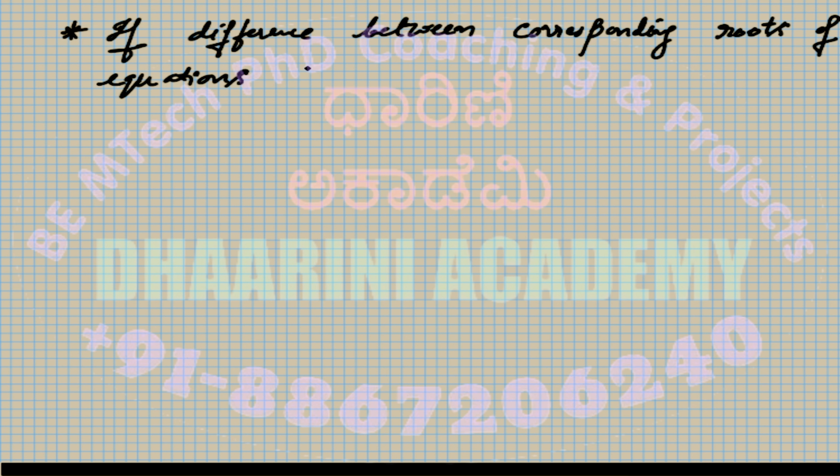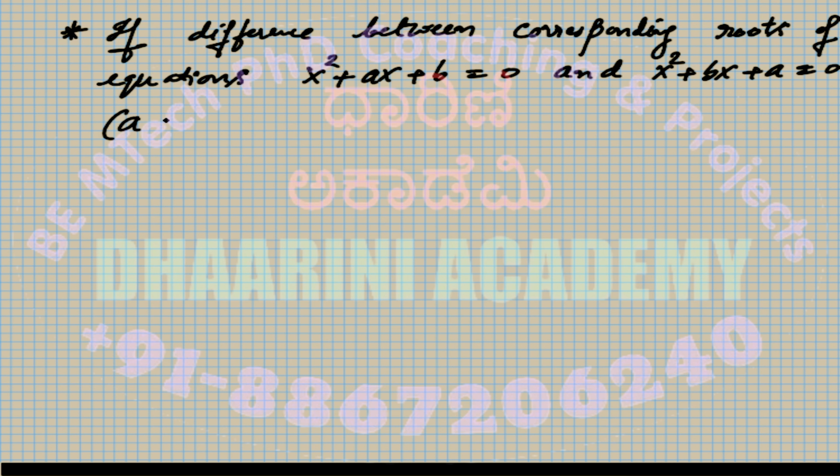We have two equations. First equation is x square plus ax plus b equal to 0, and x square plus bx plus a equal to 0. Right, here a is not equal to b. If that difference is the same, then find a plus b.